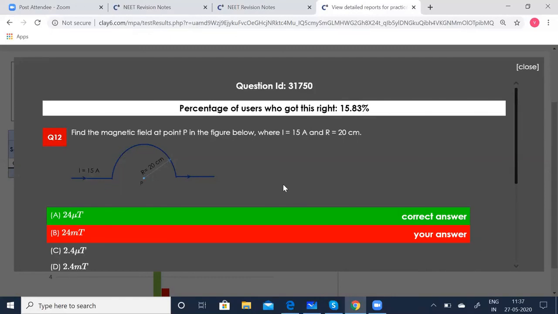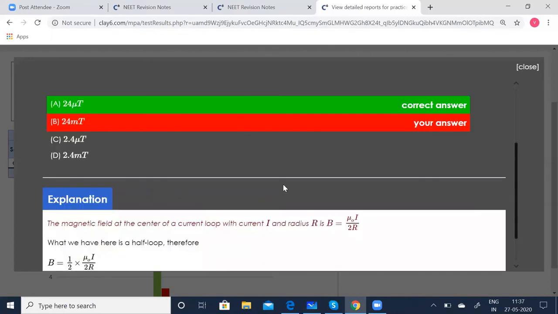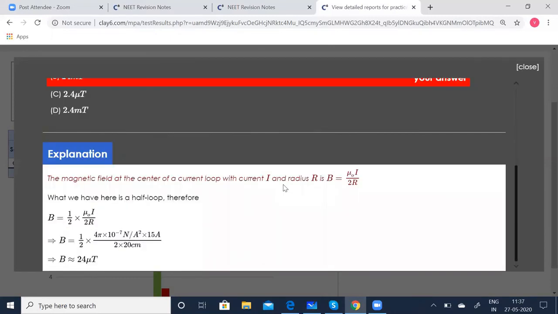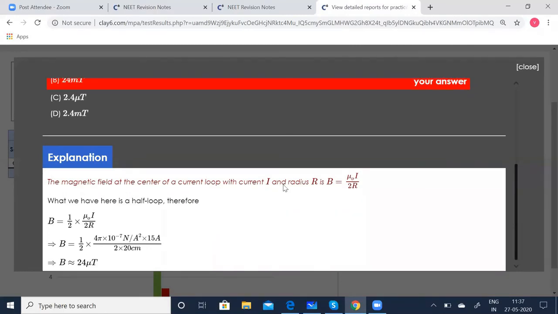You'll get confused, so be careful while selecting the option. I went wrong here. Even though our calculation was correct, we calculated it as micro Tesla, but we selected the option wrongly. This is how you'll get carried away, children. Be careful while selecting the options. It is micro Tesla. We did it correctly, but we selected the option wrong.